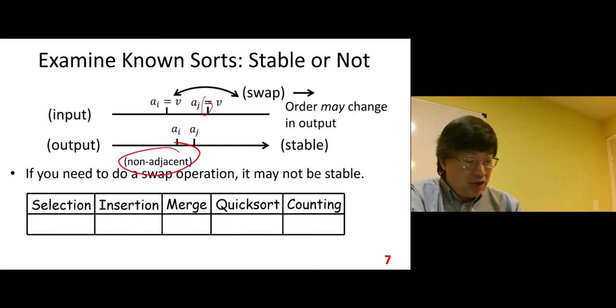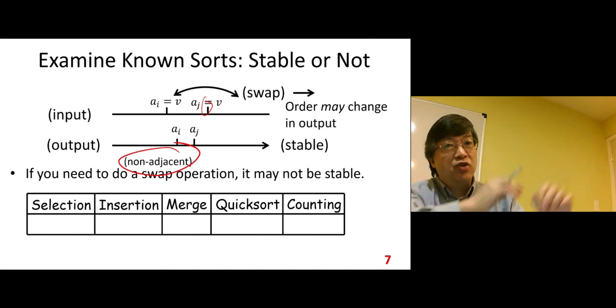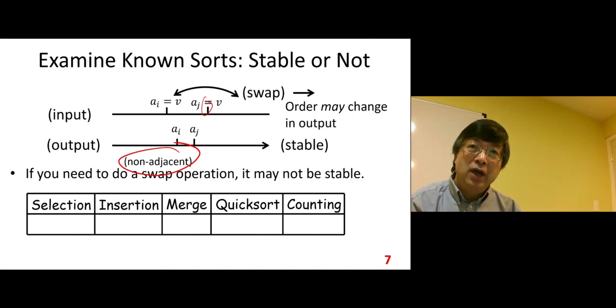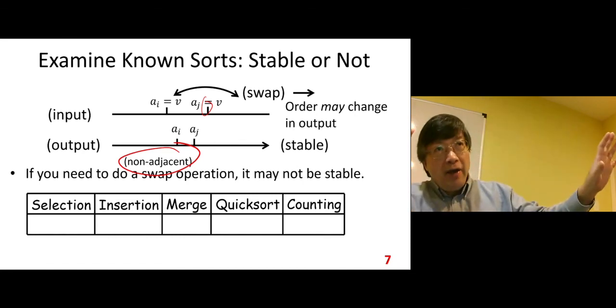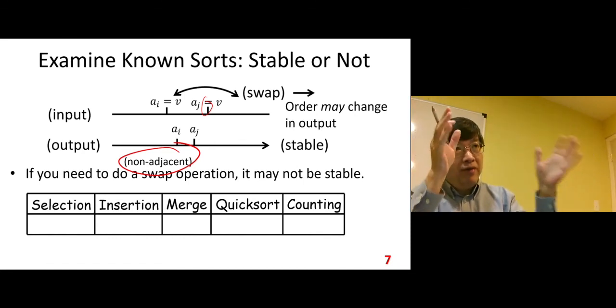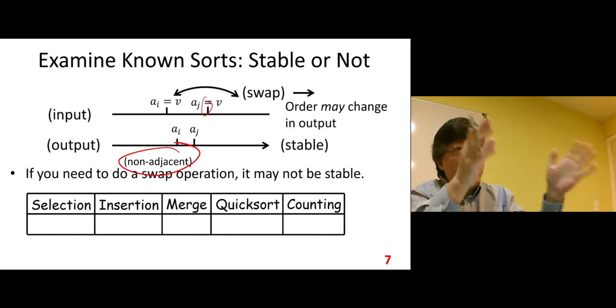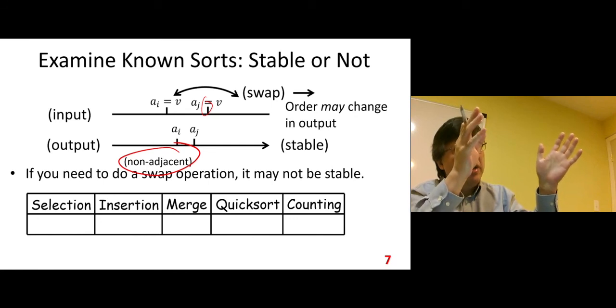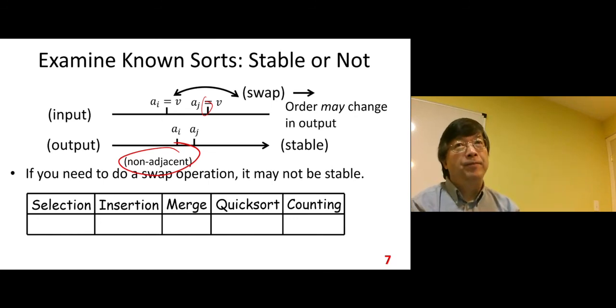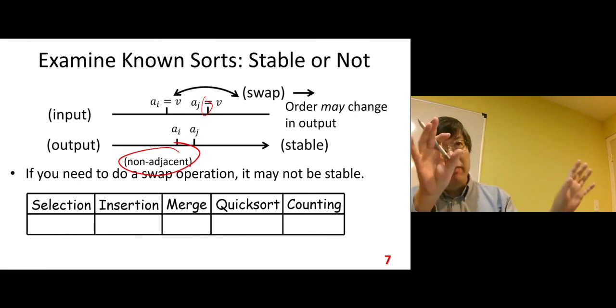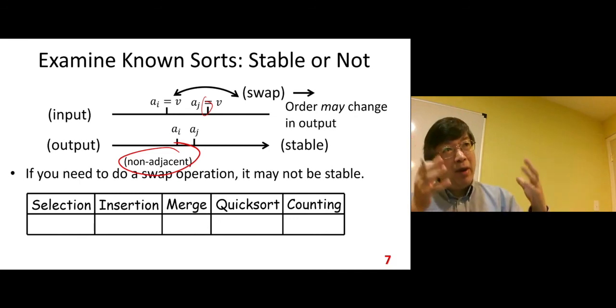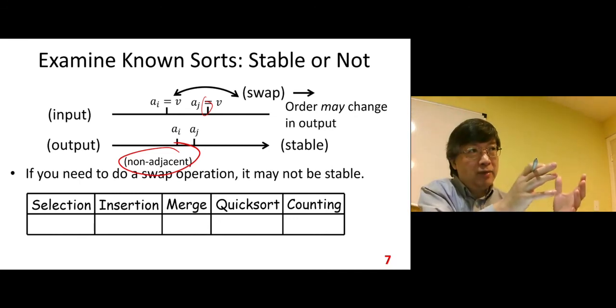So let's check these algorithms. First, the selection sort. Is this stable or not? How do we do selection sort? Each scan, we try to get the minimum of the current subarray, the elements that have not been put in place. After we get the minimum, we put that minimum in place.